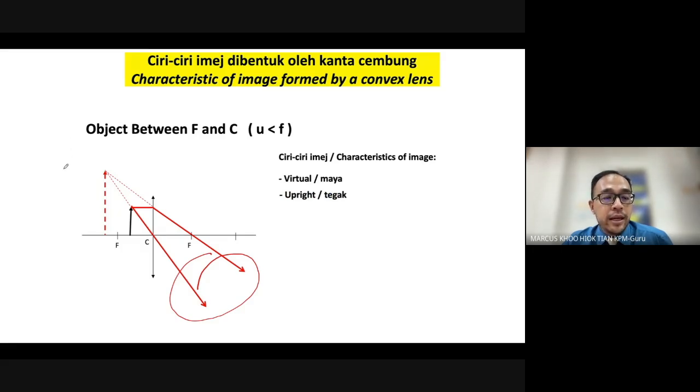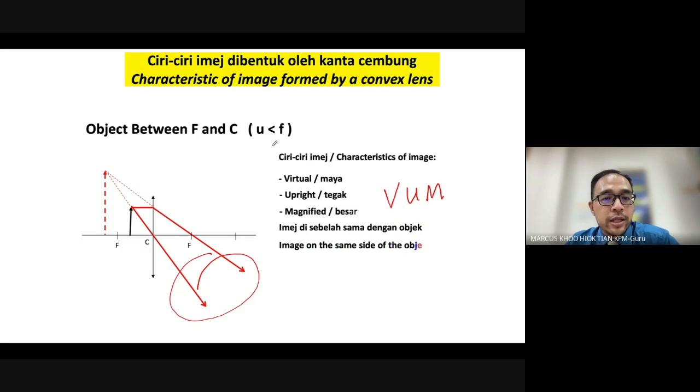And the image is bigger than the object. So it is magnified. And so the short form of this would be VOOM. Okay, the position, the image is on the same side of the object.